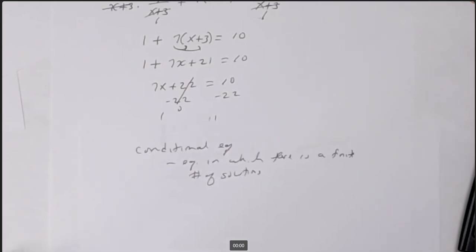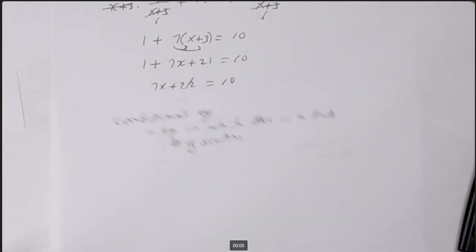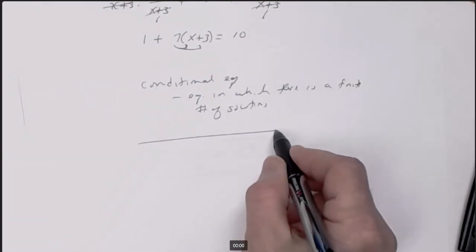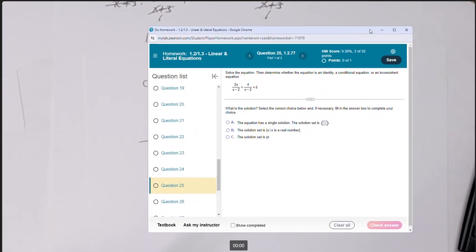All right, so when you do this one right here, so if you get a solution, I'm going to write this down. You have 2x divided by x minus 2 equals 4 divided by x minus 2 plus 5.